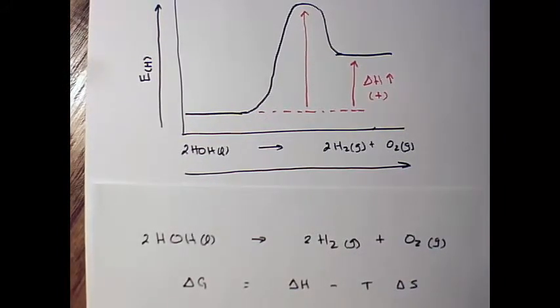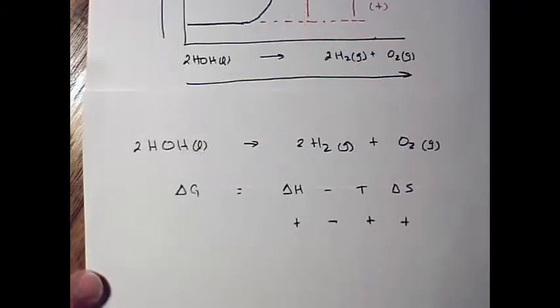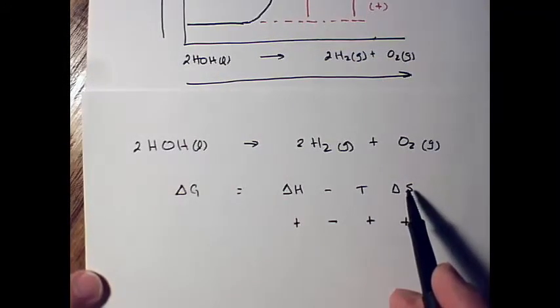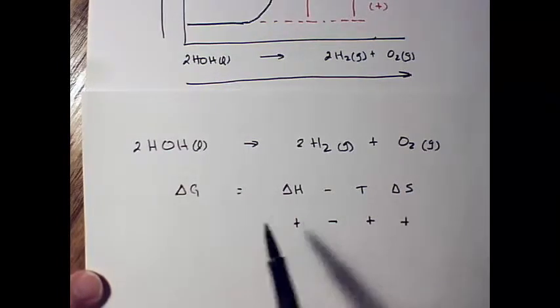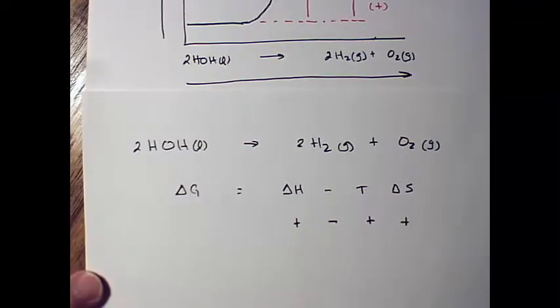All right. So we've got a positive minus, and temperature has to be positive. Now remember, delta S is almost always smaller than delta H. Okay? Delta S is almost always smaller than delta H. Sometimes. Under what conditions then would delta G be negative?